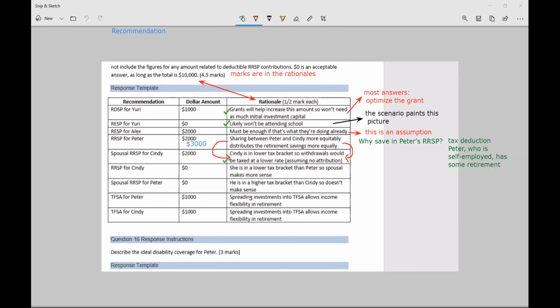And of course, Peter still gets the tax deduction on that, right? Okay. Did anybody give answers other than 0 for RSP for Cindy or spouse RSP for Peter? I'm curious, Melissa, what's the answer you gave here?